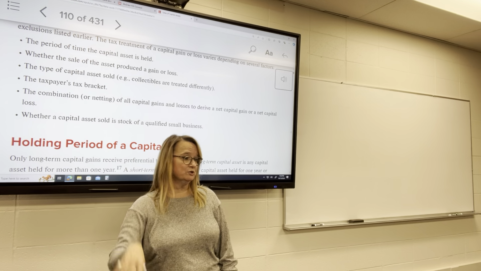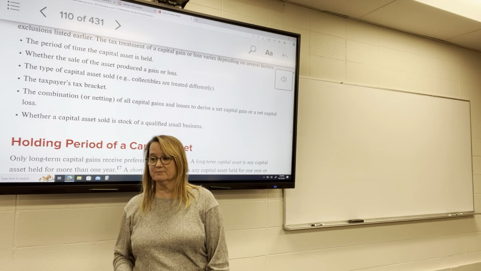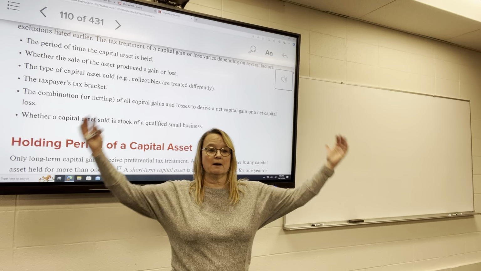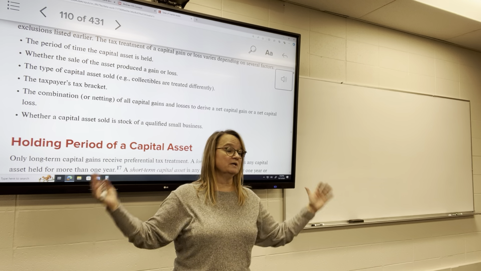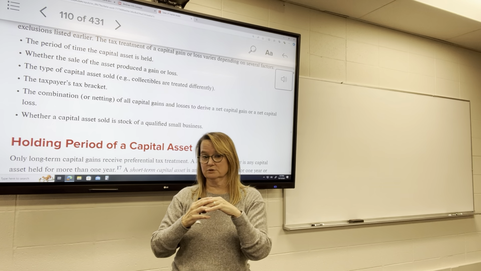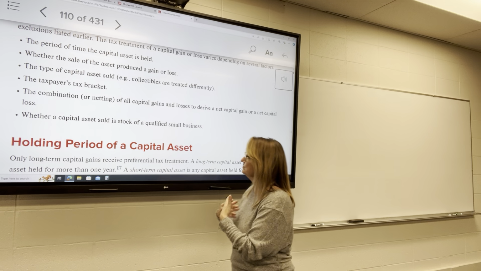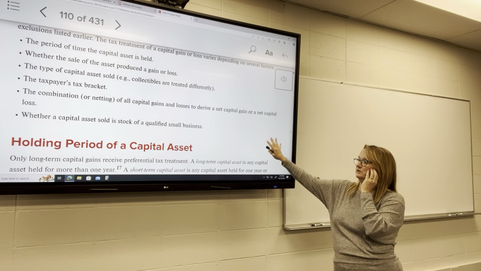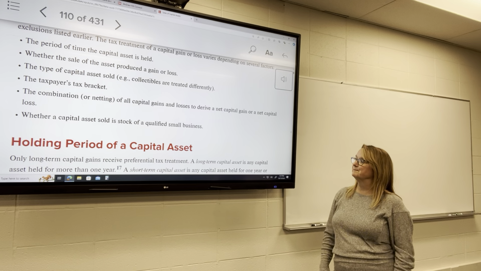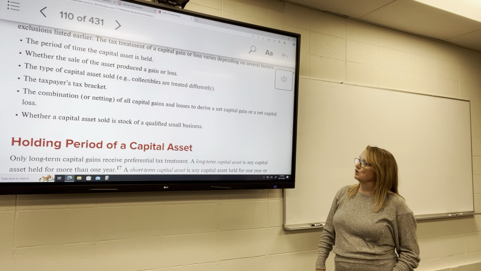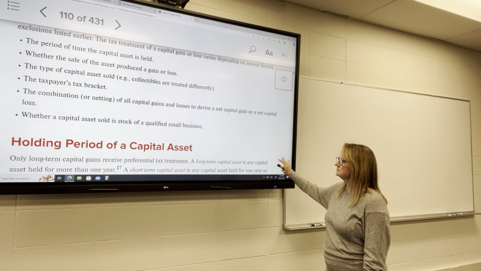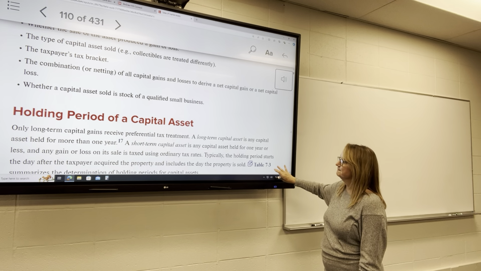Some of them were short-term, some of them were long-term, some of them you had gains, some of them you had losses. You have to combine all that, but you have to do it in a particular order to determine what our net capital loss or capital gain is. And this one, which we don't really go into very much, is whether the capital asset sold is stock of a qualified small business, like certain types of S corporations.